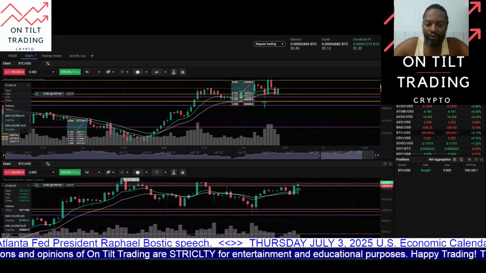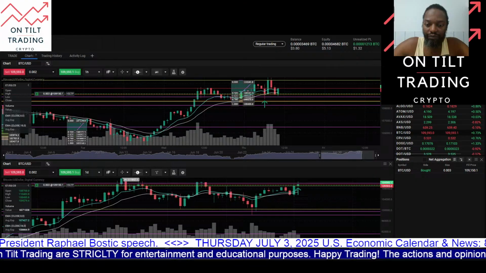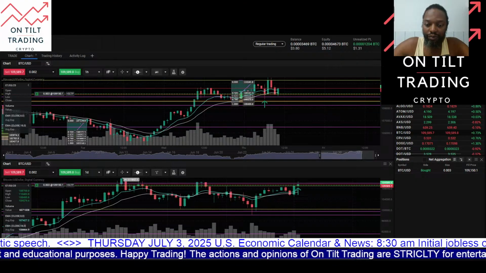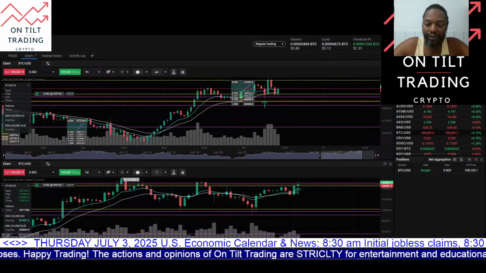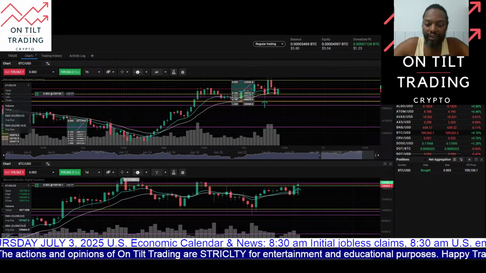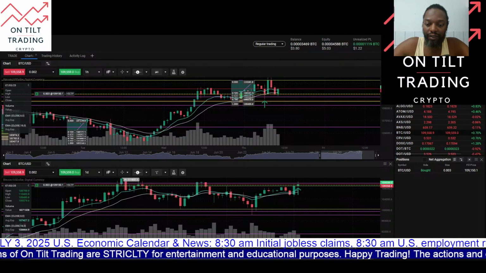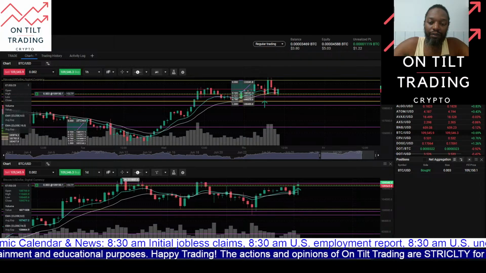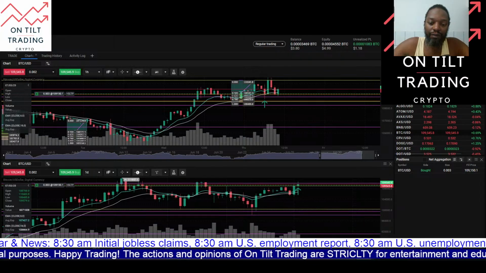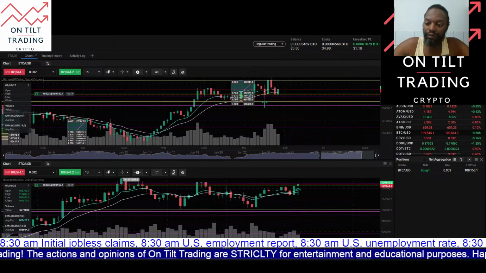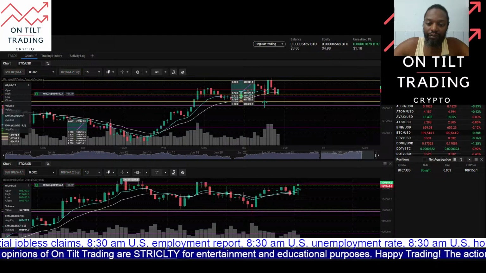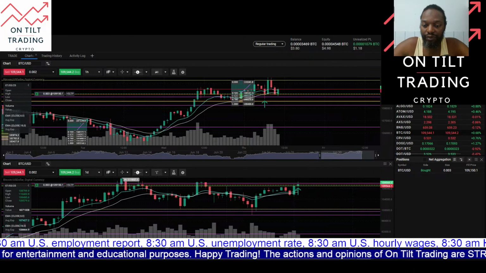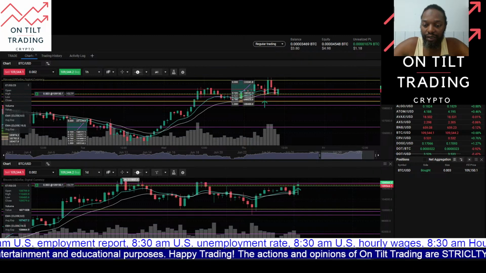Also, you can see this blue line trading above the white line. The blue line signifies the 9 and the white line signifies the 18, and these are exponential moving averages. The 9 trading above the 18 is a sign of strength or bullish price action.